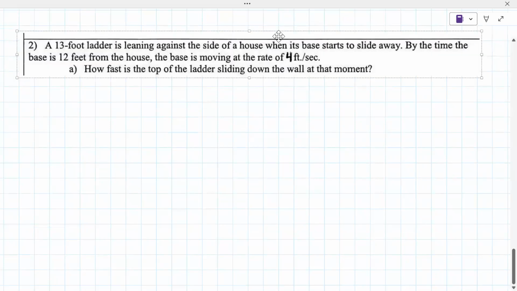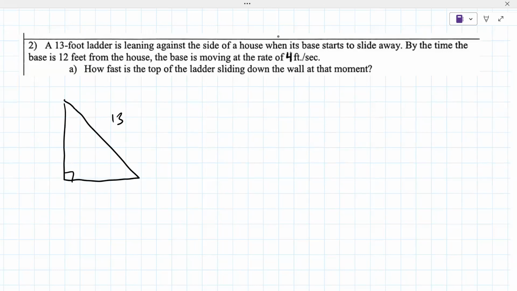All right. So a ladder is leaning against the side of a house. So you have to draw the geometric picture, something roughly. This is 13 feet, and it says it's sliding away. So I like to use arrows to show rates.